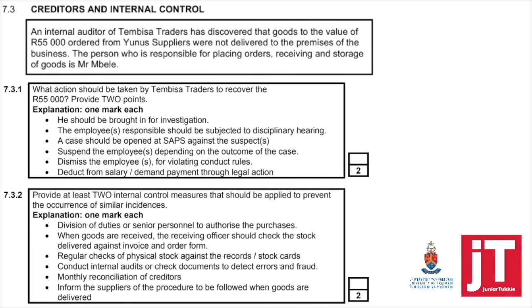So the first question says, what action should be taken by Tembisa Traders to recover the 55,000? Provide 2 points. So you can only write 2 points, but make sure when you look at a memo that there's more than one possibility.